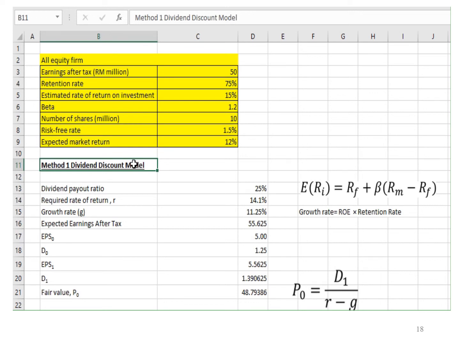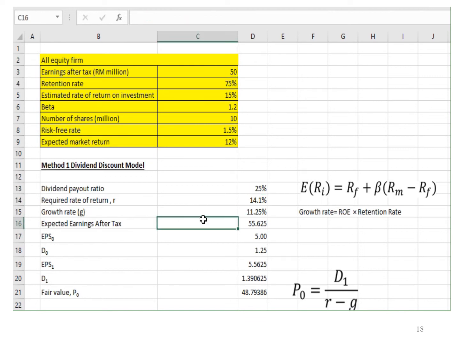First, we use the dividend discount model. There are three major inputs for the dividend discount model. In order to calculate the expected dividend, I can make use of the retention rate. Given that the retention rate is 75%, the dividend payout ratio is 1 minus 75% and equal to 25%.